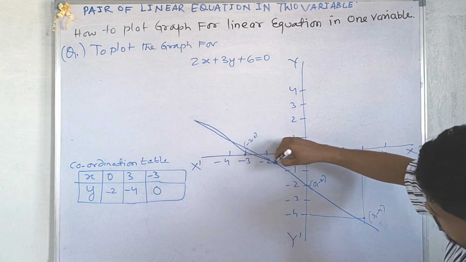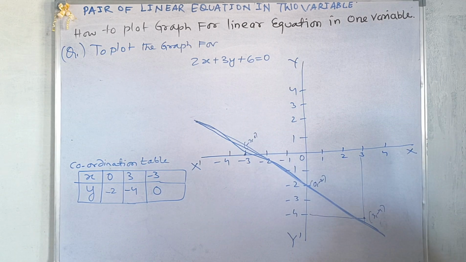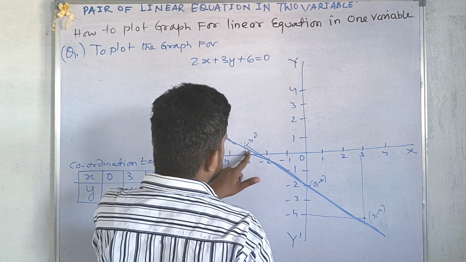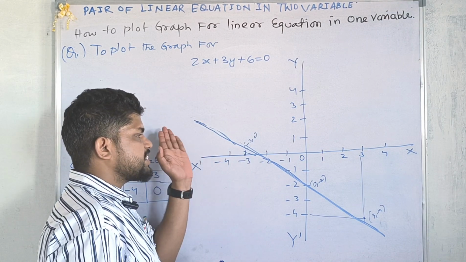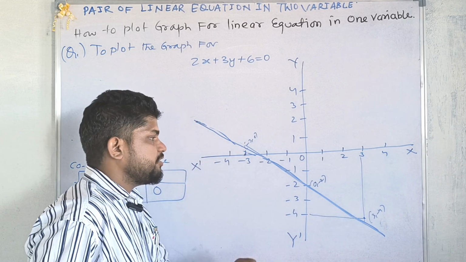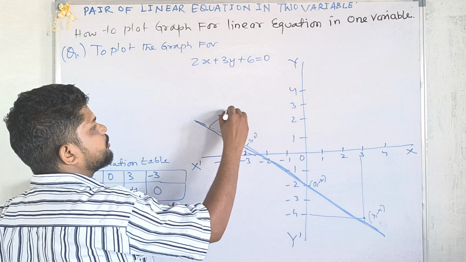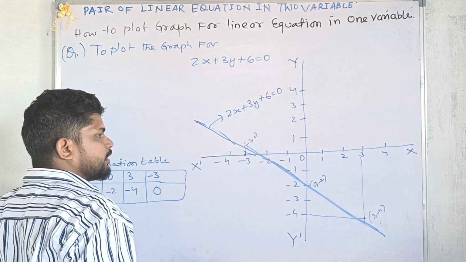Since I am using a whiteboard, this is the reason why it is not straight, but when you use graph paper, you will get the precise straight line for this given equation. This is the equation 2x plus 3y plus 6 is equal to 0.